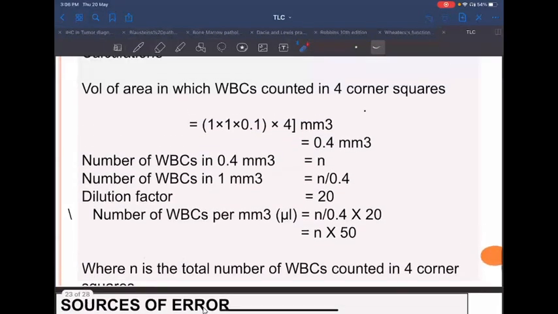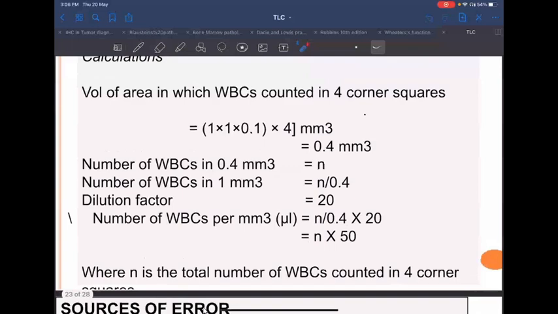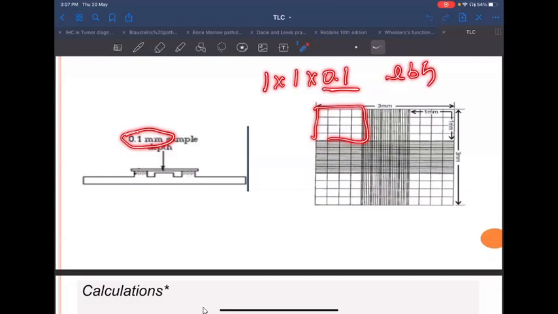Have you got this calculation? Everybody? Yes, sir. First, we calculate the volume of one square. Its volume will be 1 into 1 into 0.1, 0.1 being the depth. Volume is length into breadth into height. This is the height, this is the length, and this is the breadth.